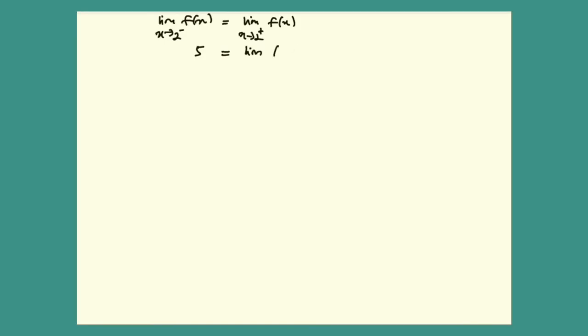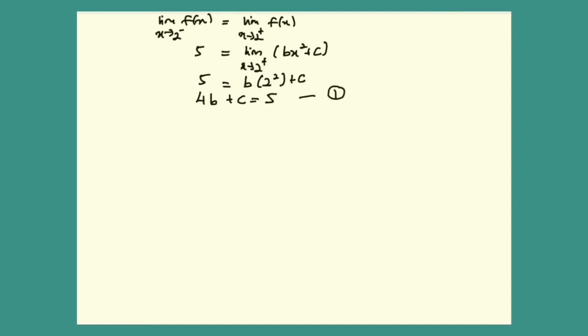The function at the right is bx squared plus c as x approaches 2 from right. Okay, here is 5 equal to, substitute x equal to 2, b times 2 squared plus c. Therefore, 4b plus c equal to 5. This is the first equation.